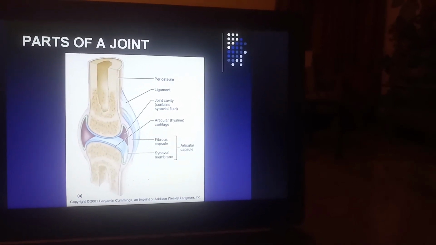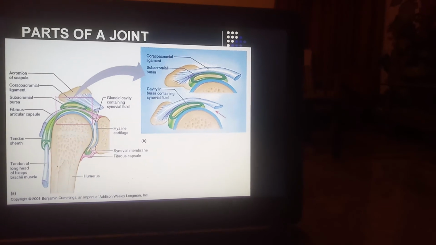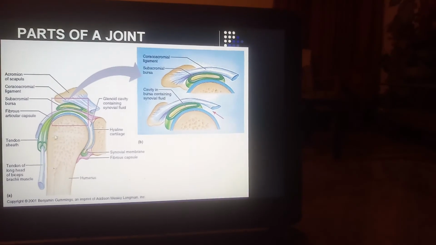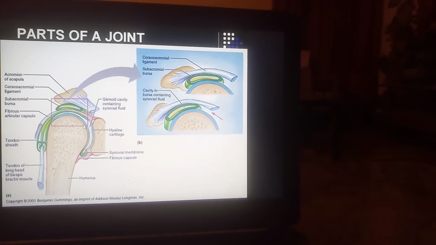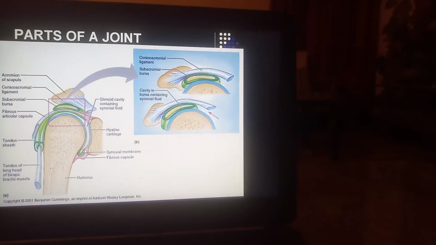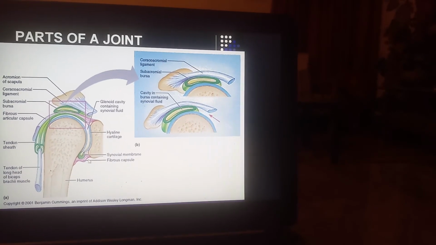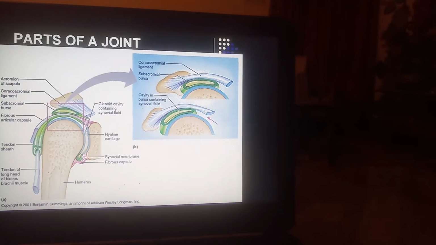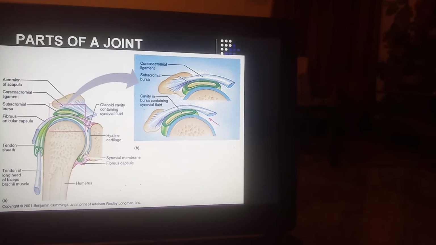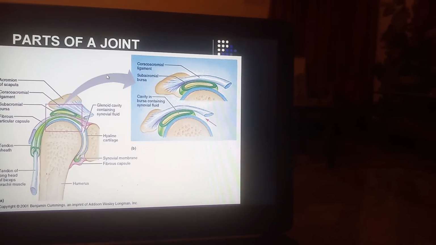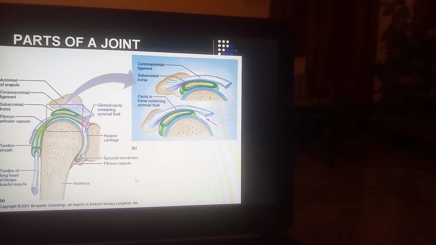So these were the parts of the joints. In this diagram again, you can see here the hyaline cartilage, then the synovial membrane. This one is the fibrous capsule. This is the joint cavity containing the synovial fluid, and around them there will be the ligaments, which are the supporting structures.